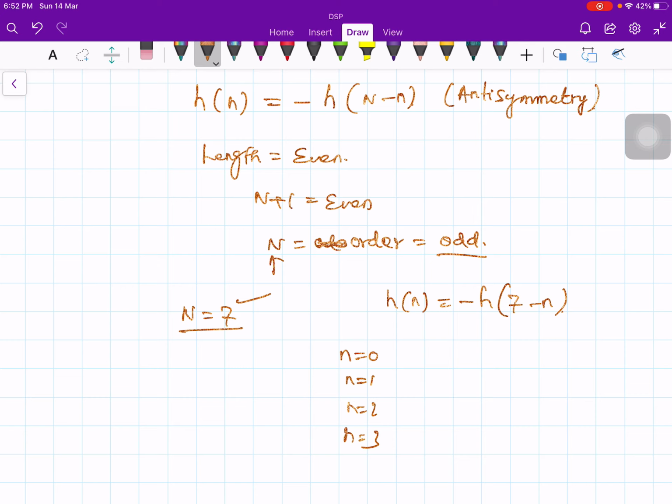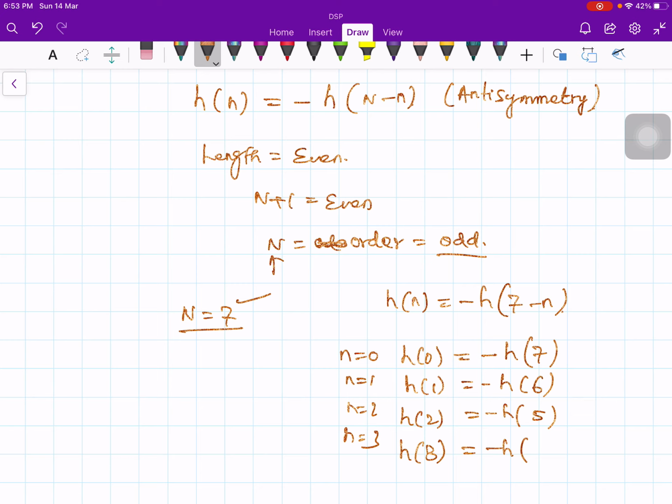Then h of 0 is equal to negative of h of 7, h of 1 is equal to negative of h of 6, h of 2 is minus h of 5, and h of 3 is equal to minus h of 4. Is it correct?